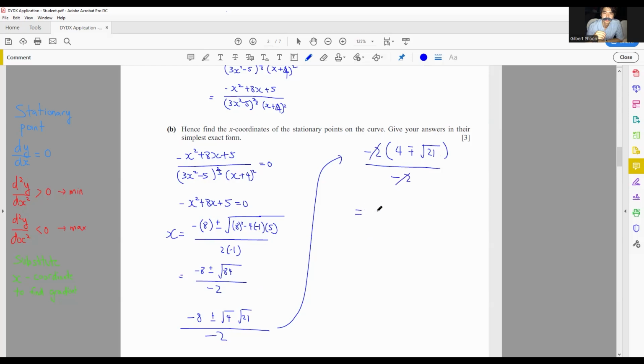Your final answer is just 4 plus minus, minus plus, square root of 21. So these are your answers here. Or you can just write them as x equals 4 plus square root of 21, or x equals 4 minus square root of 21. Done. Okay.